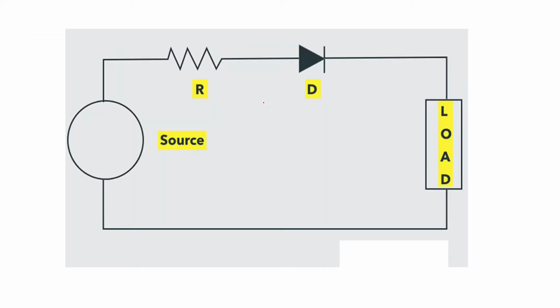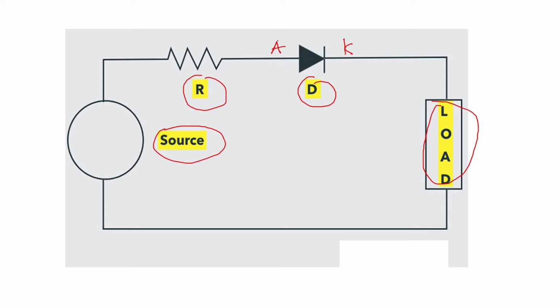In this diagram we have shown a voltage source applied here, a protecting resistor, a diode, and then a load. This is the anode and this is the cathode, these are the two terminals of the diode. Whenever the anode is made positive with respect to the cathode, the diode is in forward bias and it is said to be in on position.